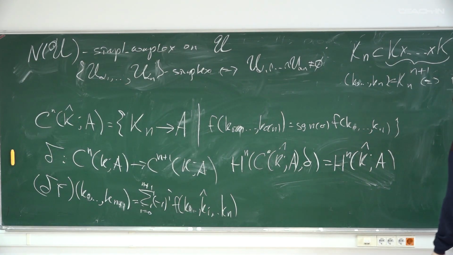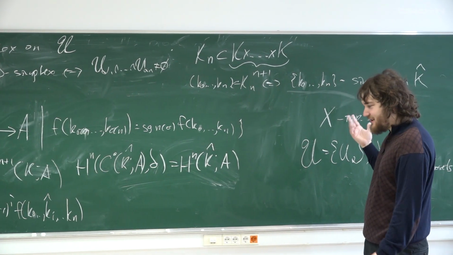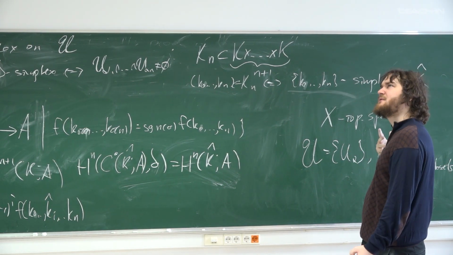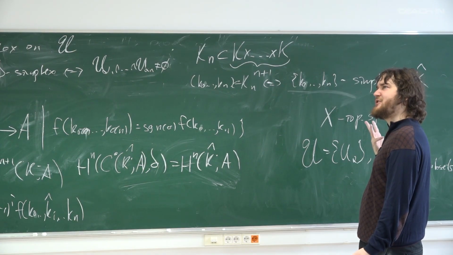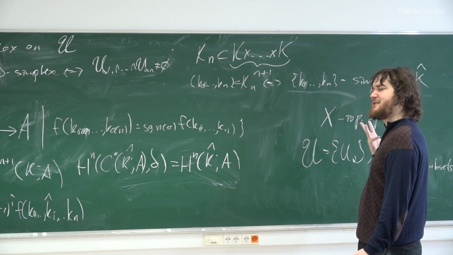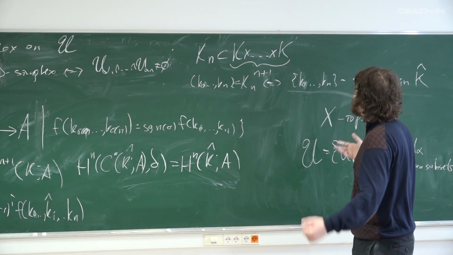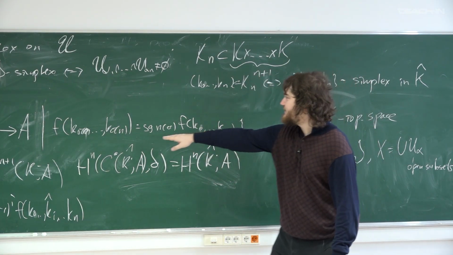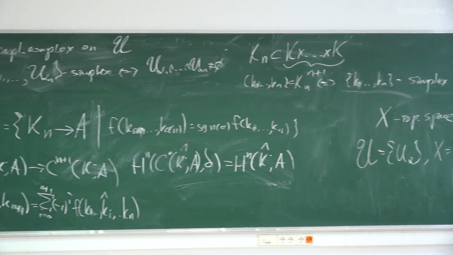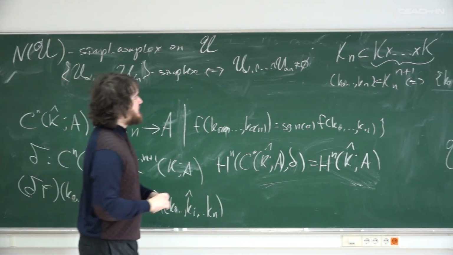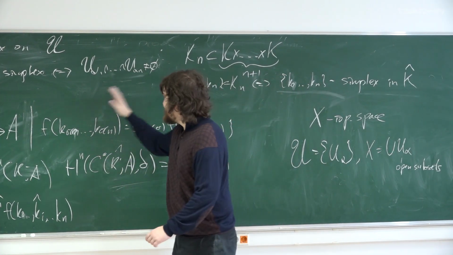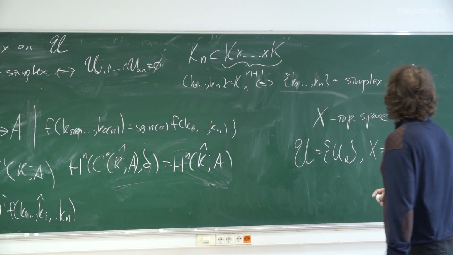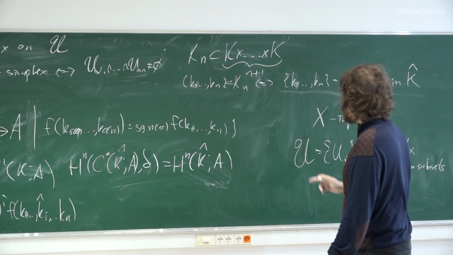This is the reason why we consider skew-symmetric functions here: to define a function we have an ordered tuple of vertices, while the simplex is an unordered tuple, so we forget the ordering. That is the skew-symmetric assumption.